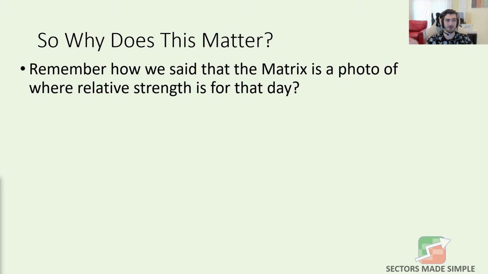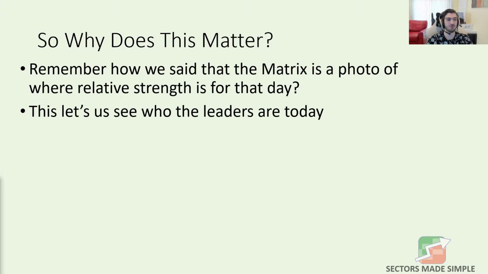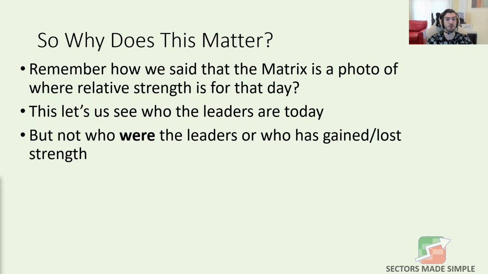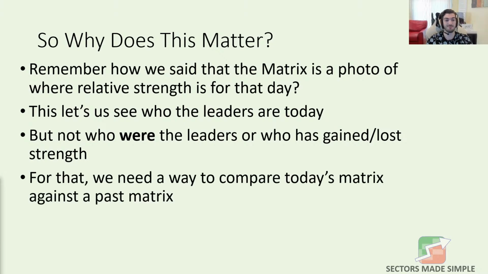So that's pretty useful in that it lets us see who the leaders are today. But it does not let us see who the winners were or who gained or lost strength. For that, we need to do just a little bit more. And for that, we need a way of comparing today's matrix against a past matrix.